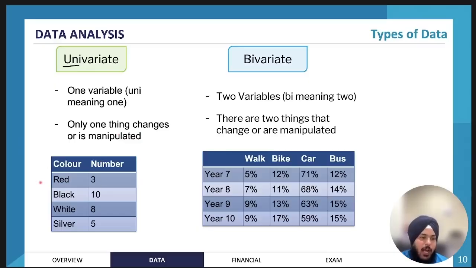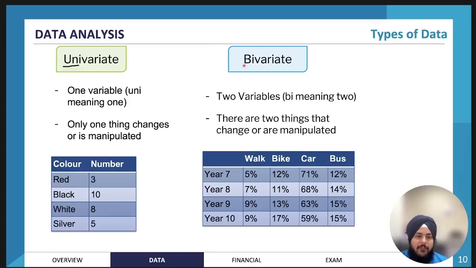For example, color is something we might record, such as the color of cars that pass through a particular intersection. We're only looking at one variable here, so this would be univariate data.